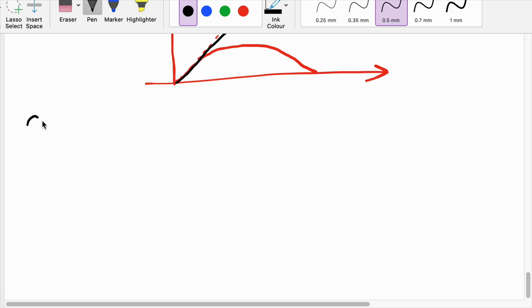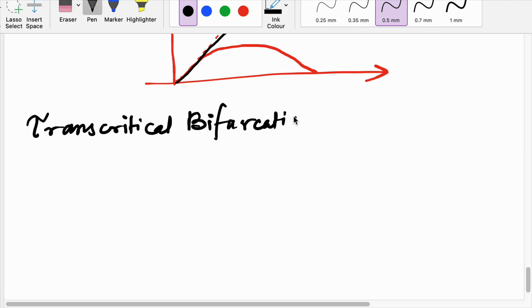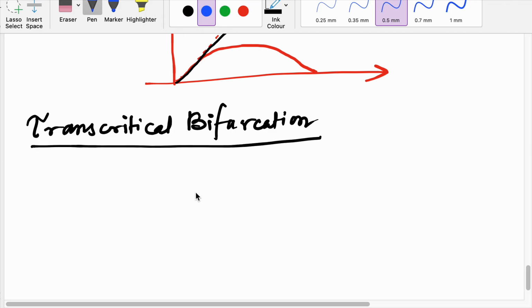Let me tell you what transcritical bifurcation is in general. In transcritical bifurcation, what happens? Suppose that there are two fixed points.